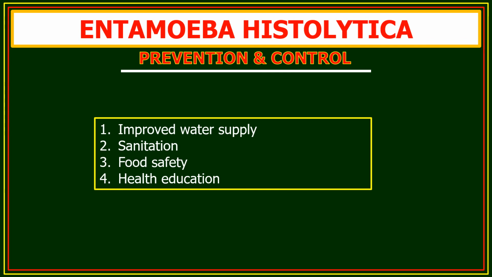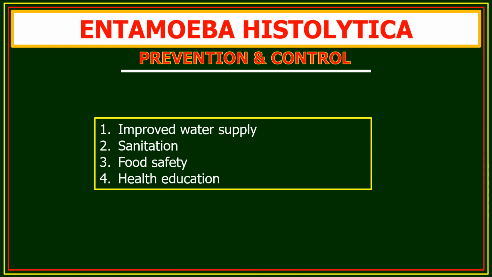For prevention and control, improve water supply. Use purified drinking water, and for travelers, use bottled water to reduce the risk of transmission. For sanitation, improved sanitation will help reduce the likelihood of infection, and always wash your hands.